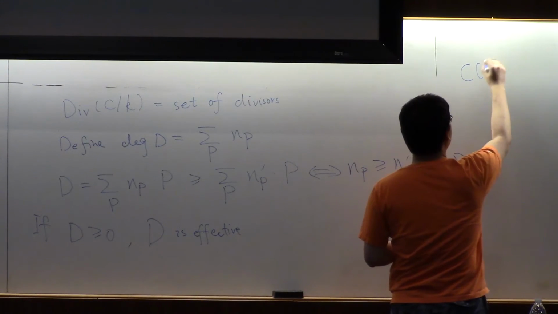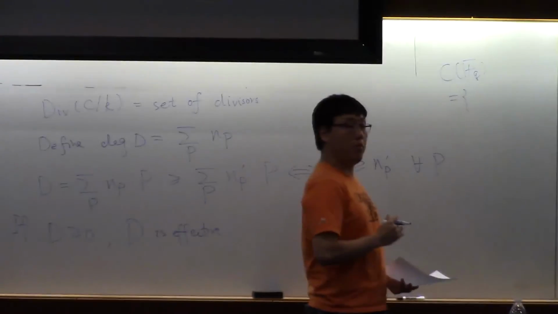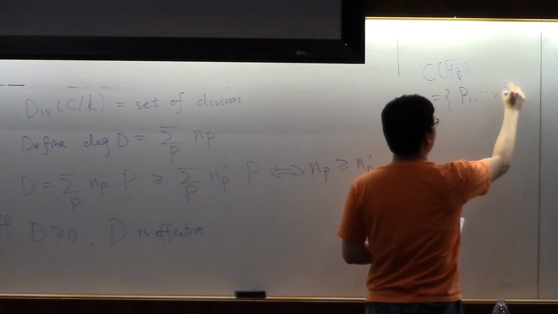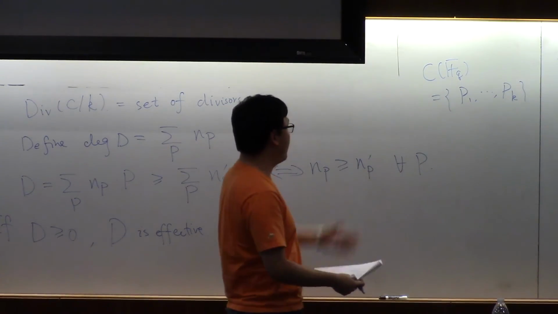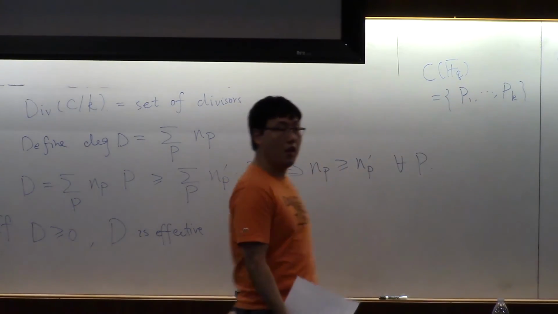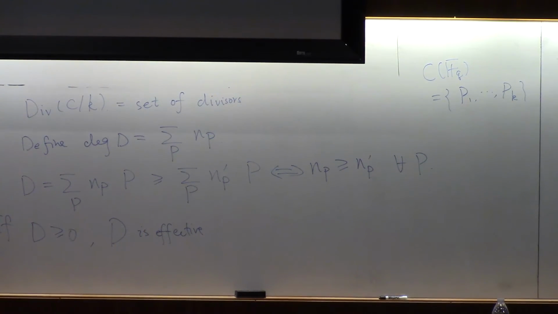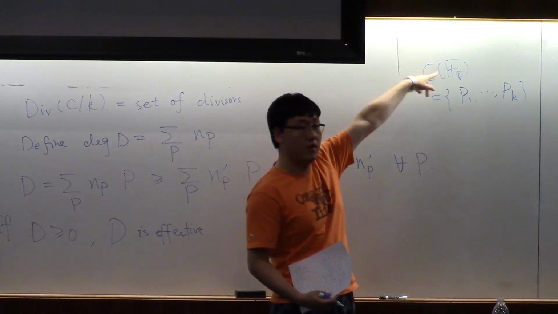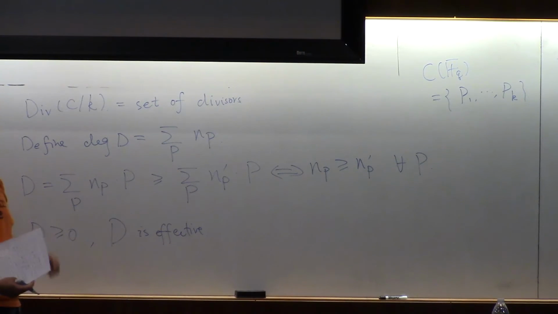If I know that the F_q-rational points on the projective curve are given by P_1 to P_k, I can take the formal sum of these points, and then it gives you a divisor. If I want to count the number of F_q-rational points of the curve C, then you just compute its degree.